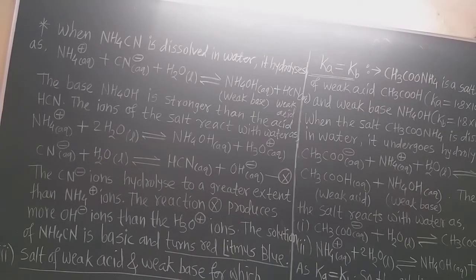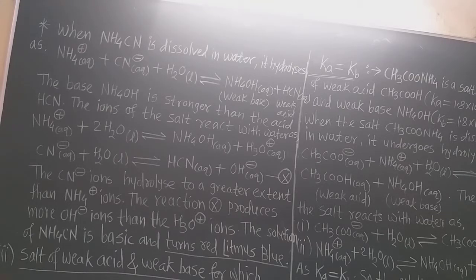Now pay attention students, on the blackboard again we are learning such salts, that is ammonium cyanide, which is the salt of weak acid and weak base, but in this case Kb is greater than Ka, that is, the dissociation constant of the weak base Kb is greater than the dissociation constant of the weak acid Ka.